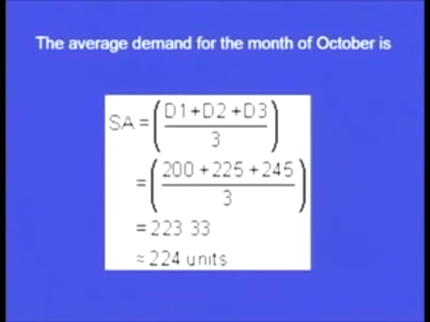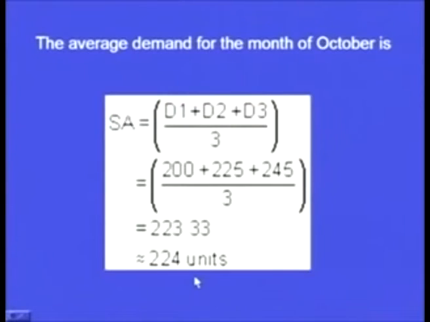But this data may be correct and may not also be correct, because you see that there is an increasing trend, but by averaging out, we are getting a value which is 224. If we see by intuition, we see the data for the last 3 months: it was 200, then it increased to 225 and further it increased to 245.